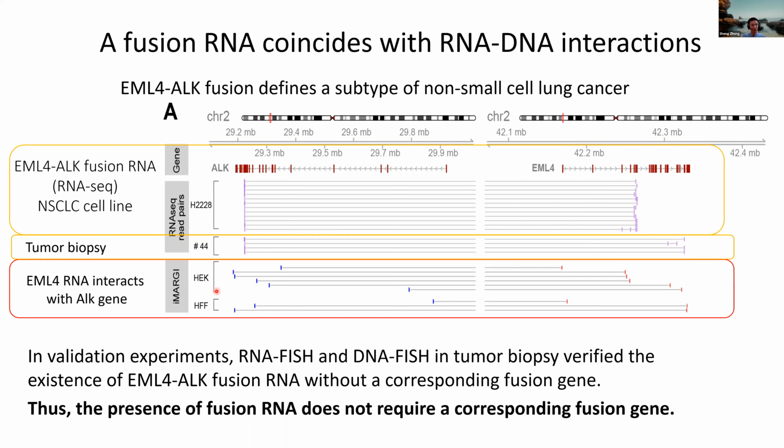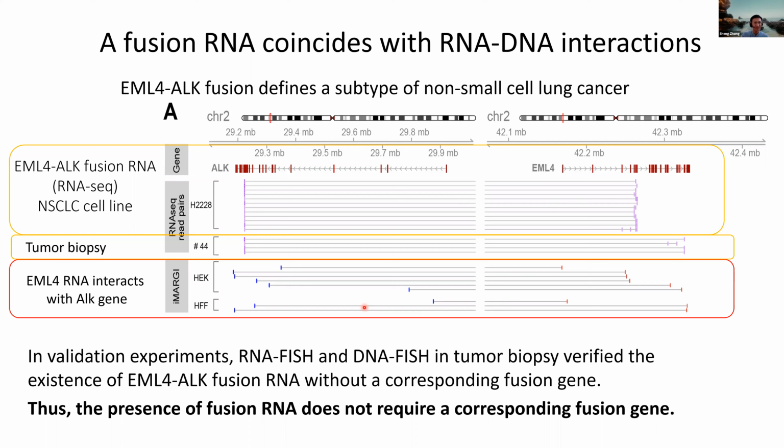So from normal cells in different cell types using iMARGI technology, what we observed is, interestingly, that the RNA molecule of the EML4 gene is attached to the genomic neighborhood of the ALK DNA. So we see, in this case, a coincidence where the fusion RNA's two genes correspond to RNA-DNA contacts from one gene to the other.